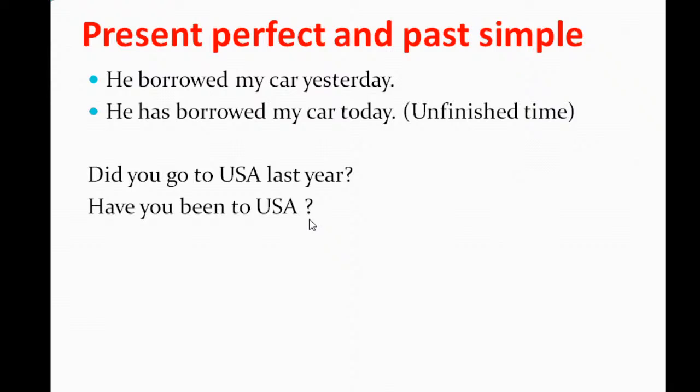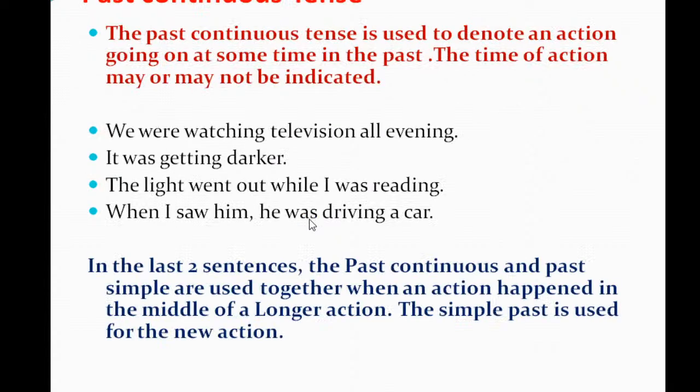Your life is not over. It's an unfinished timeline. So have you been to USA? When I'm asking the question, even if the person has not been to USA, the scope of visiting USA is still open. So did you go to USA last year? Last year is still not continuing. So that is simple past tense. All right, now let's go to the next one.